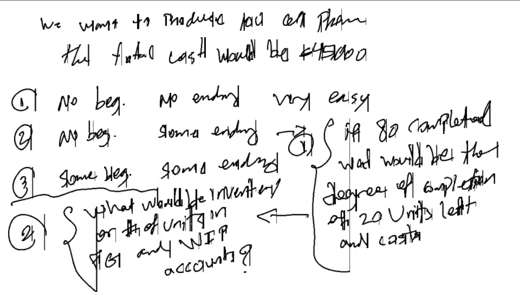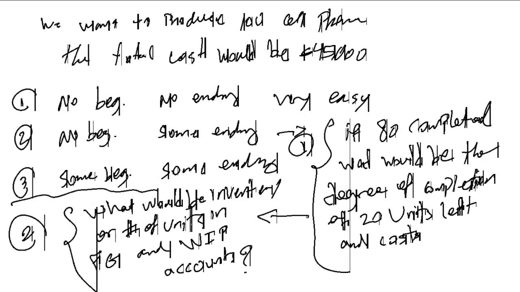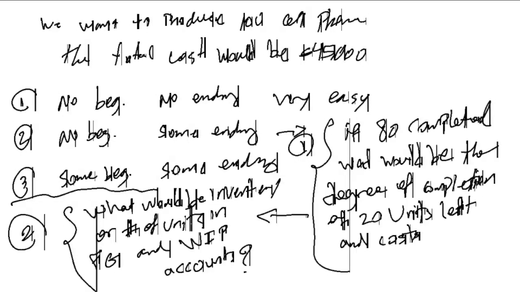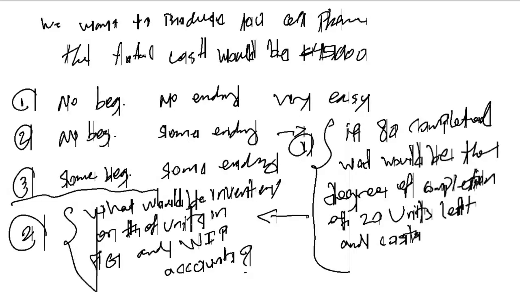Number one, let's start with the easy one. This is very easy because we have no beginning inventory and no ending inventory, which means we started 100 units and finished 100 units, and the cost is $45,000. So the total cost is assigned to 100 units.